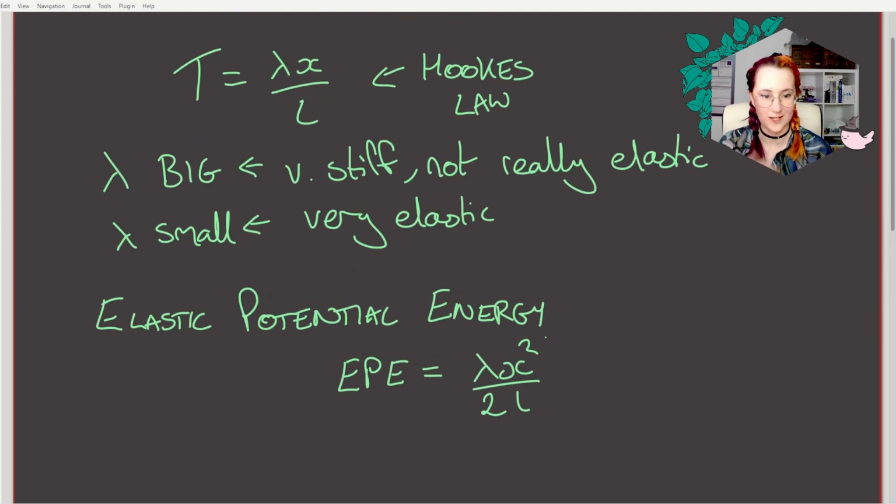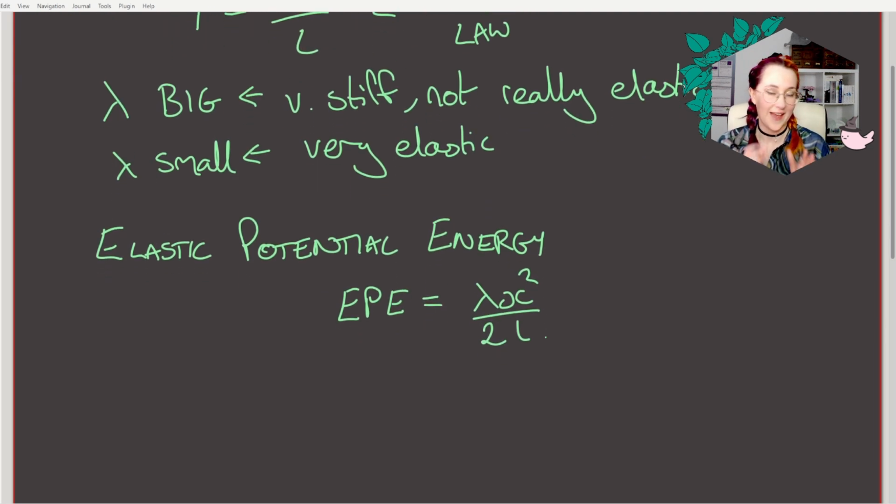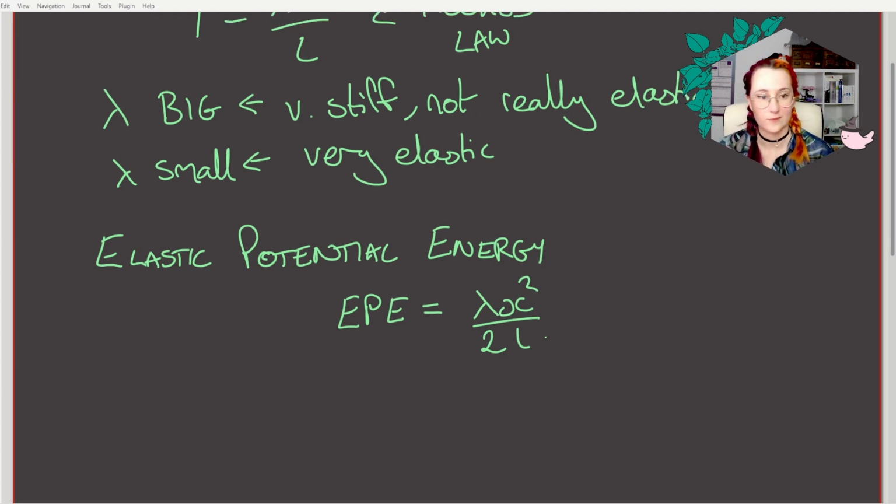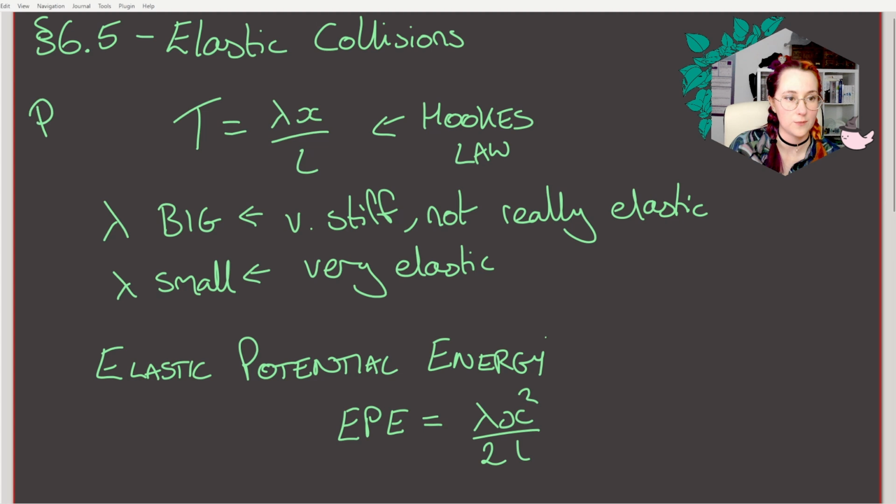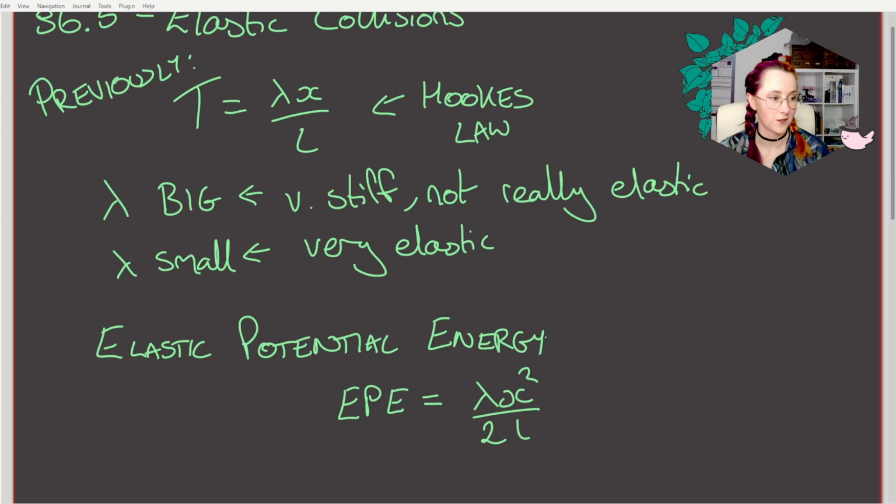The force required, and now you have the energy stored. And that is precisely what gets converted to kinetic energy when, for example, a compressed spring releases. So we looked at those two concepts previously, on last episode.